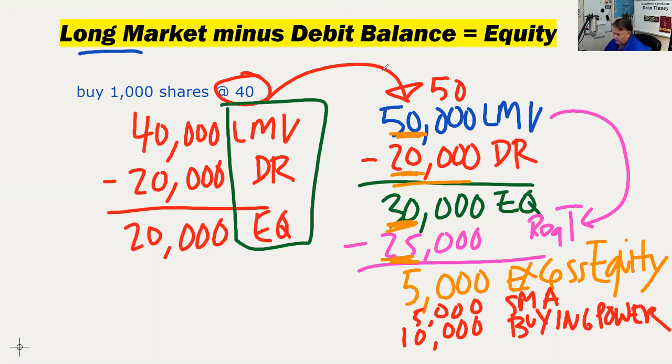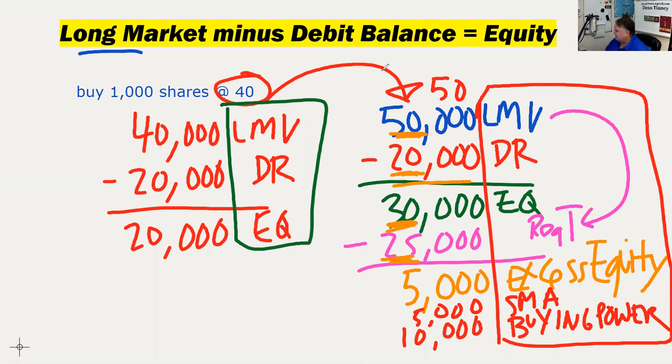We test you on your ability to call a guy and tell him he's got some bad news. So when a customer has over 50% equity, he's got this excess equity, he can have his cash. So in terms of math, that was how I figured out what that account looks like. Now, the most important thing is the long market value minus debit equals equity.